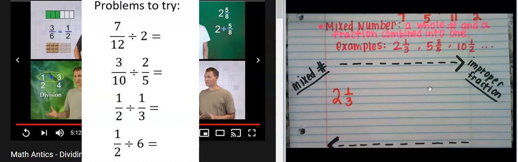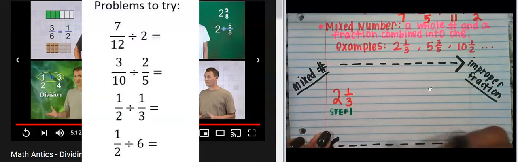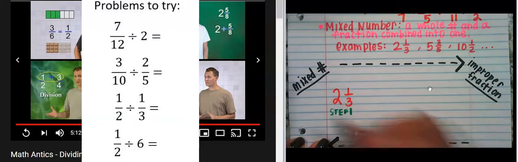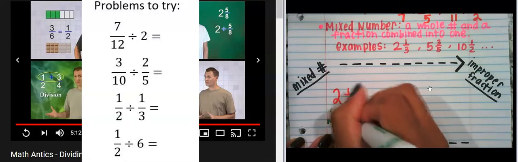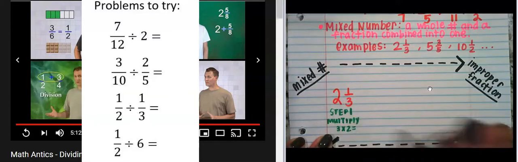And the first thing that we want to do, so step 1, would be to multiply the denominator times the whole number. So multiply 3 times 2, and we end up with 6.